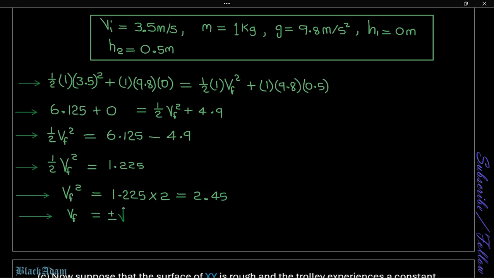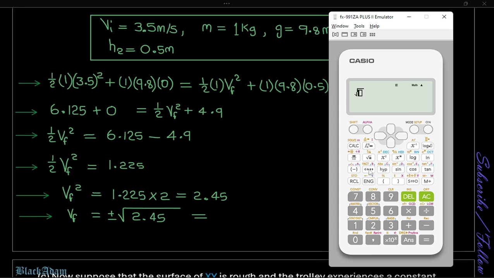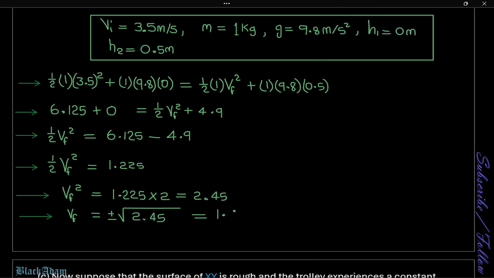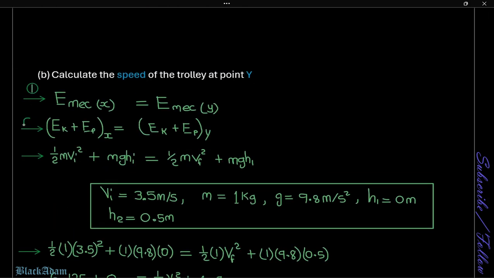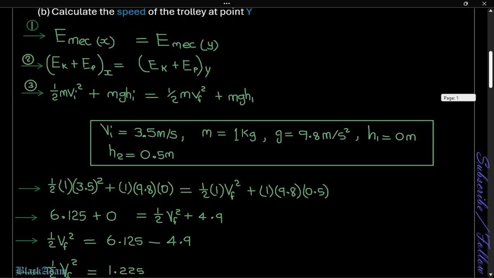Therefore, we take the square root of that. The square root of 2.45 becomes 1.565, so it's going to be about 1.57 meters per second. That's our answer. Step 1, step 2, step 3, simplify and so forth.